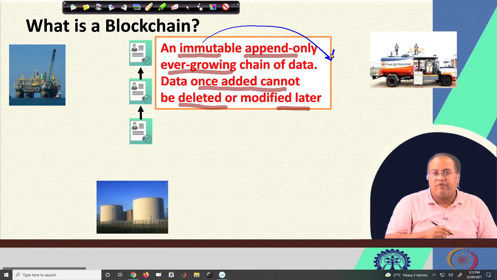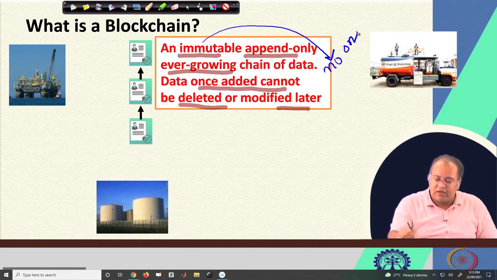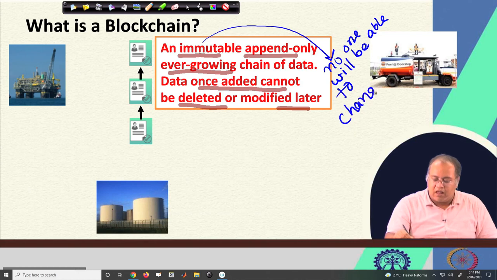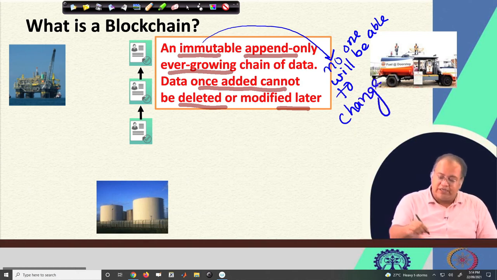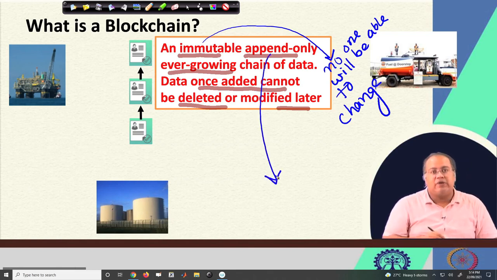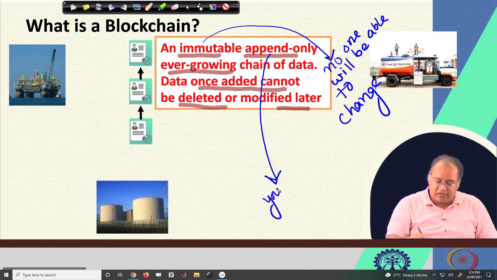Whenever I say it is immutable, that means no one will be able to make any change. That is the thing I am going to support. Then I say that it is append-only. Append-only basically means that you cannot erase.